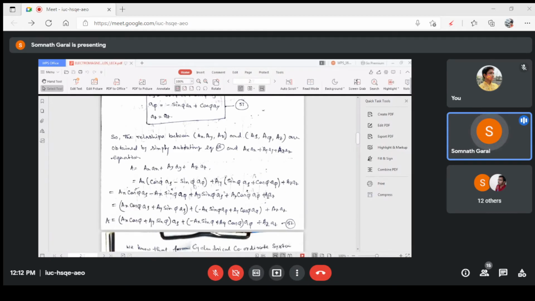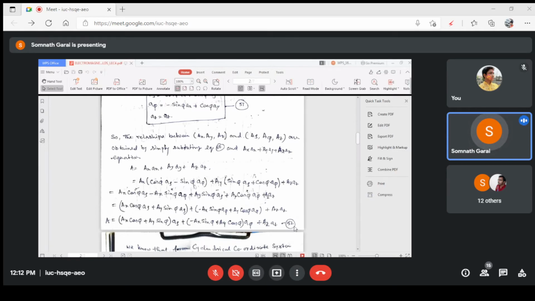Similarly, from minus AX sin phi a phi and AY cos phi a phi, we take the unit vector a phi common, so that will be (minus AX sin phi plus AY cos phi) into a phi, plus capital AZ into small az.